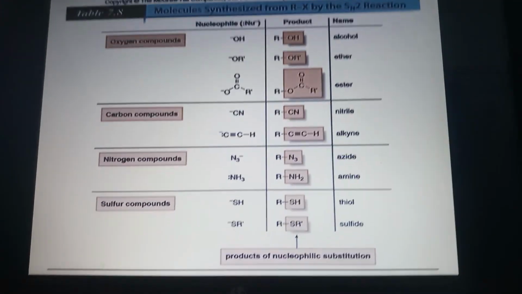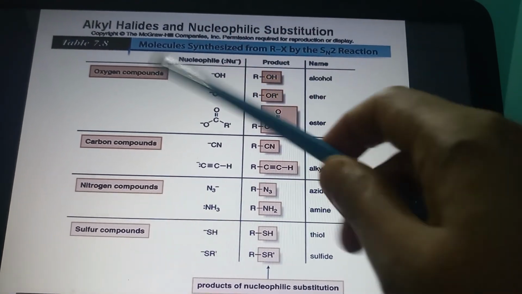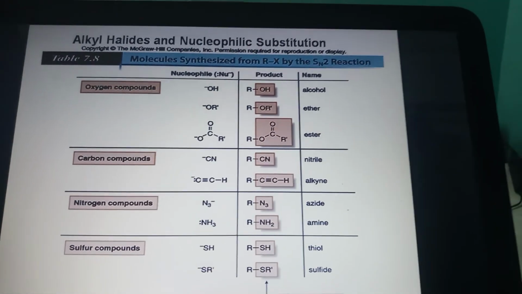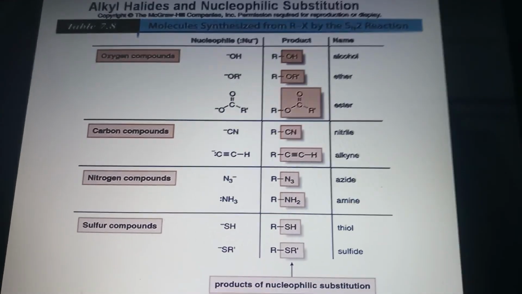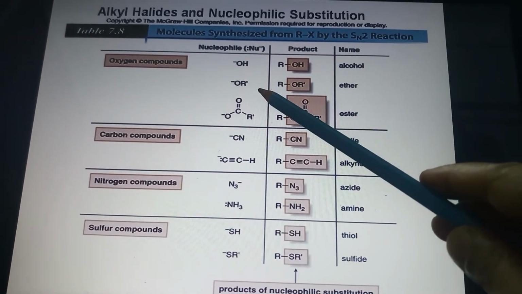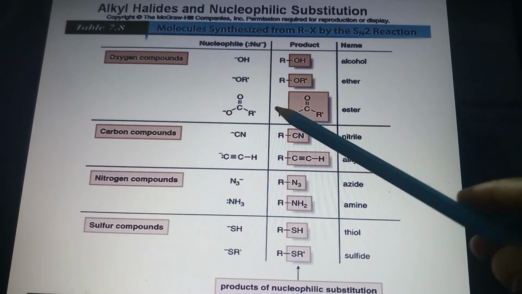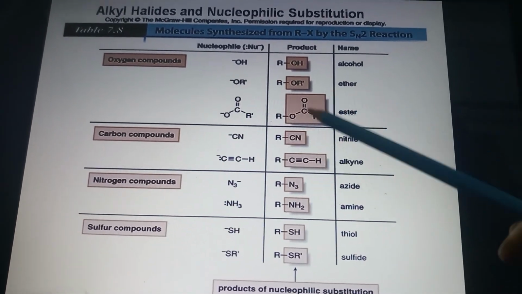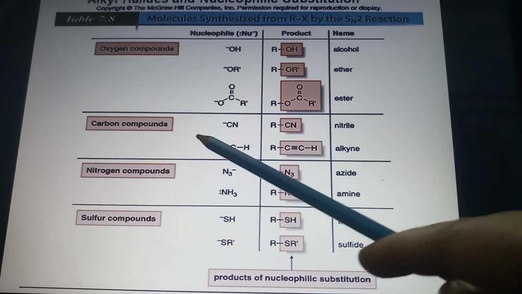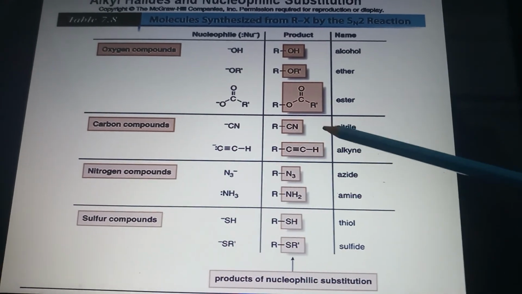Now here is a chart. If the nucleophile is OH minus, then the product is an alcohol. If it is OR minus nucleophile, then we will get an ether. If it is a carboxylate anion, we will get an ester. In case of carbon compounds, if the nucleophile is CN minus, we will get a nitrile.